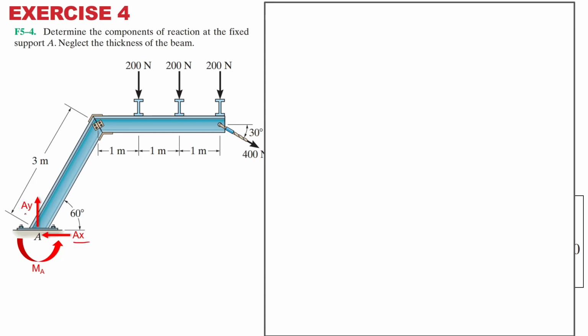And then you've got this 400 Newton, you have all these forces from all these loads. So you need to pakai I-beam tu, nampak? I-beam. So 400 you can resolve into components which is horizontal dia 400 cos 30 degrees. Vertical dia 400 sin 30 degrees.